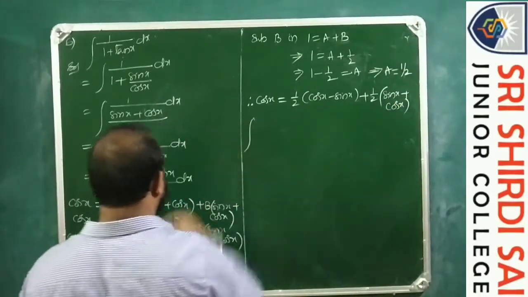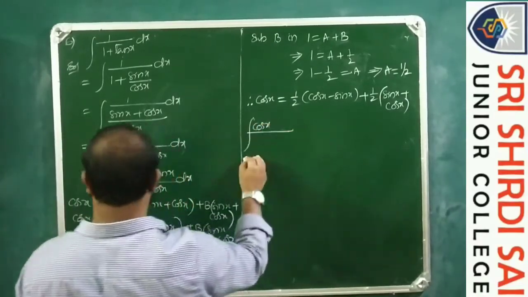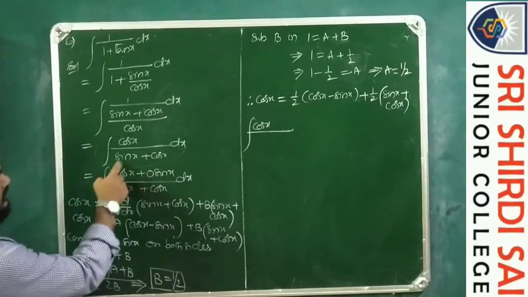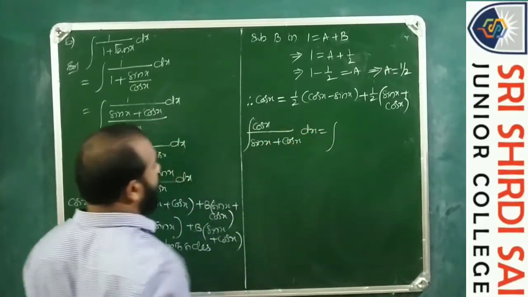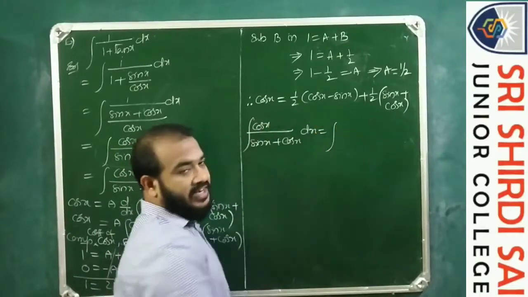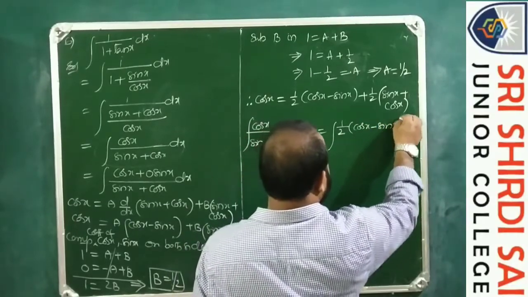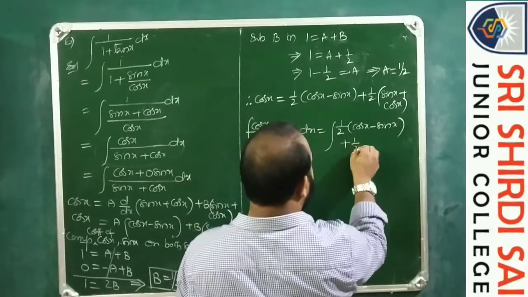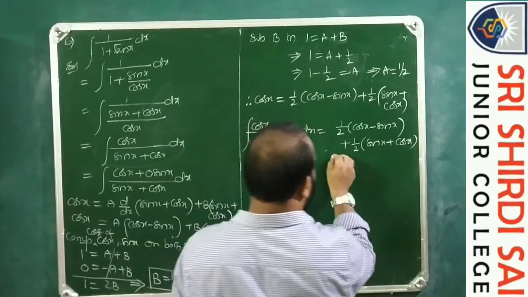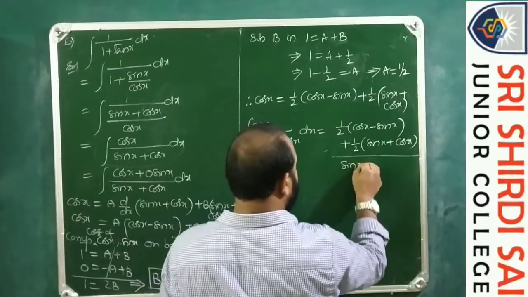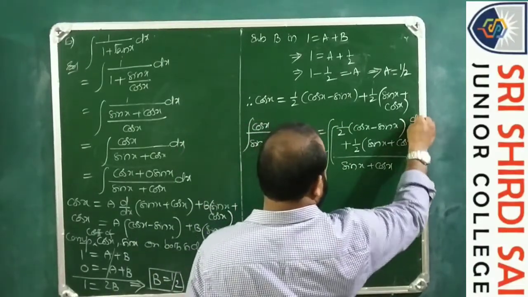Now take this integral, cos x by sin x plus cos x dx, is equal to, cos x being what we have just derived, 1 by 2 into cos x minus sin x plus 1 by 2 into sin x plus cos x, by sin x plus cos x, whole integral dx.